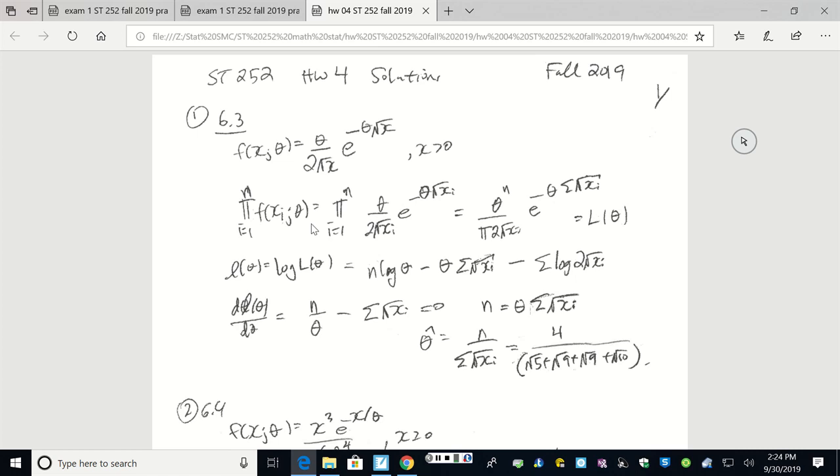So taking the logs, I get n times log theta. There's a theta there, and then that other stuff is over there, which I've modified some. And the derivative is 1 over theta, just minus the square root of x_i, and then that ends up being the solution.